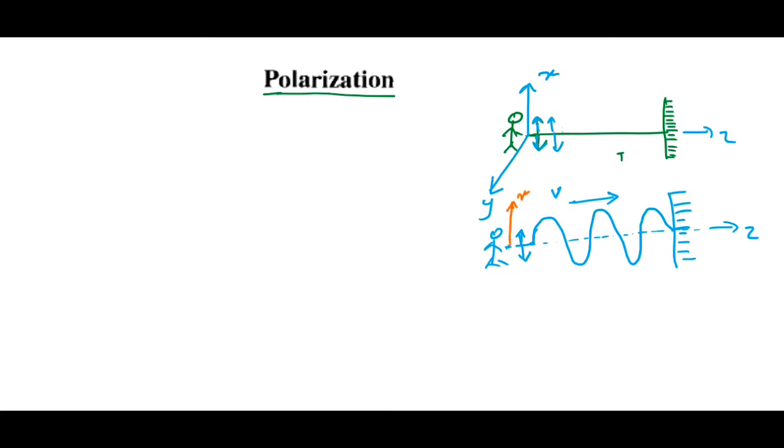This is x and this is y. There is a displacement of the string element, and this displacement is perpendicular to the direction of propagation. Therefore, the wave produced on a string is a transverse wave.